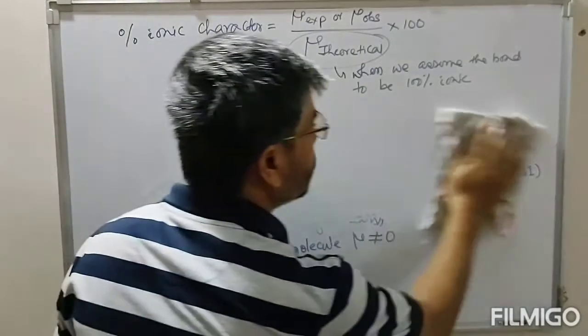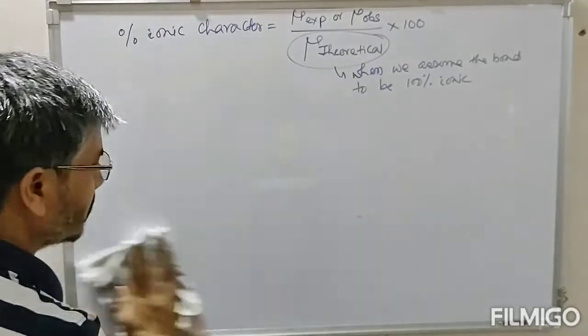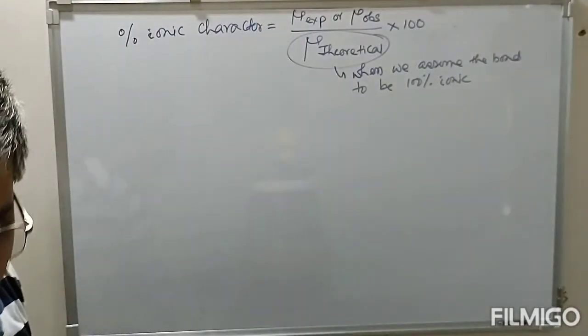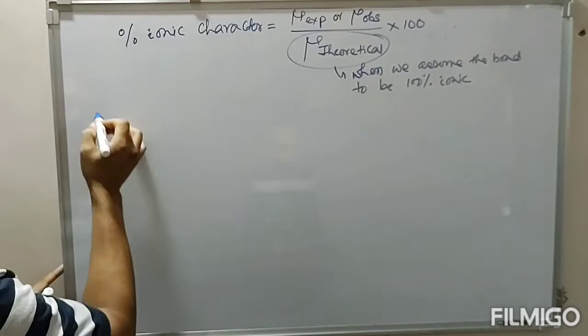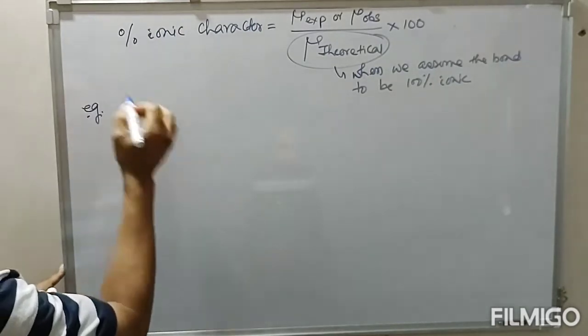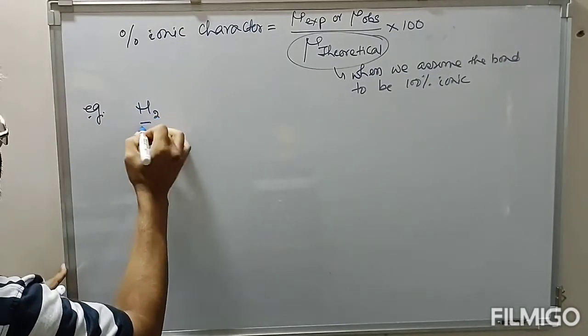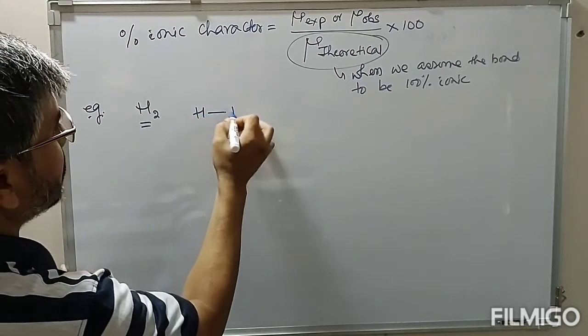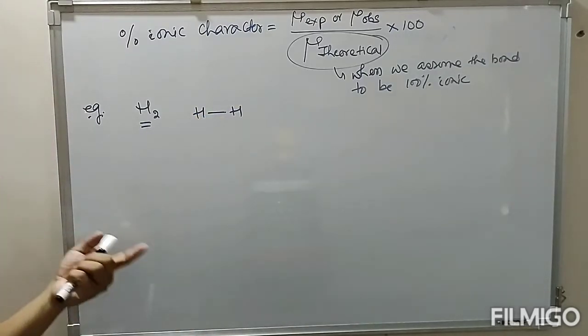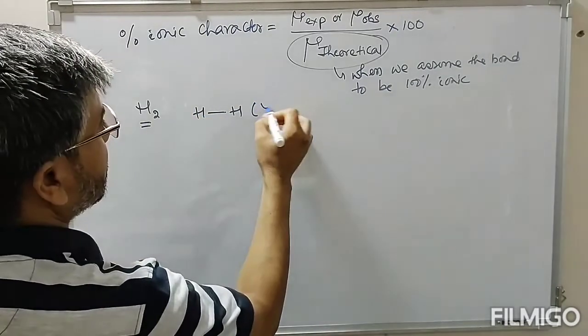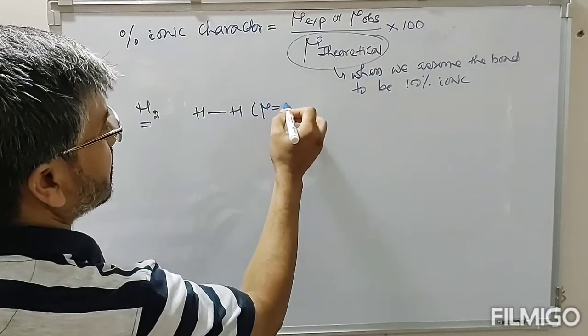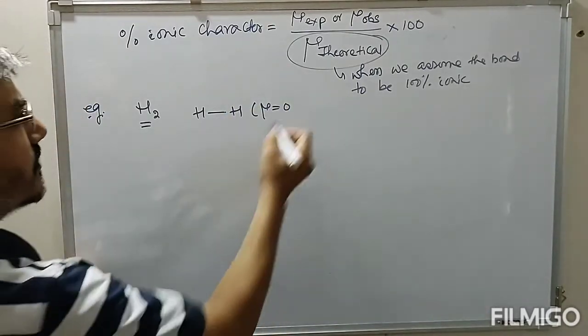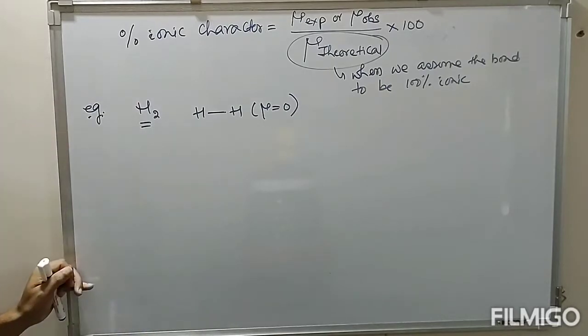Now let's see how to predict whether the molecule is a polar or a non-polar molecule. Take this hydrogen molecule. The electronegativity difference is 0, so the dipole moment is 0. There is no dipole, so this is a non-polar molecule.